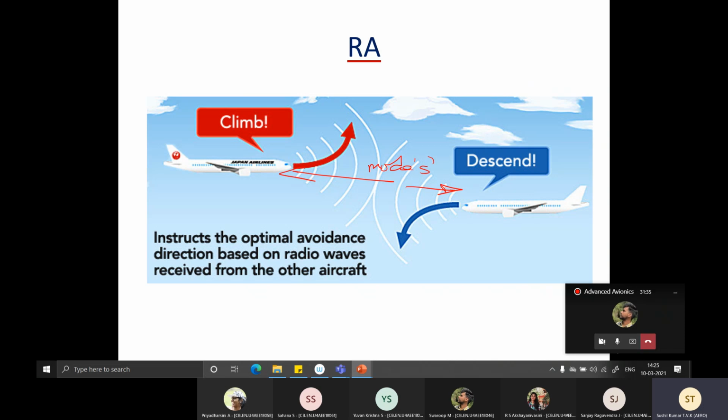So you're hardly using any of that capacity for normal surveillance. So you have a lot of space for additional information. So MODES is the link through which both aircraft communicate, and some protocol has been defined so that one will be told to descend, the other one will be told to climb.